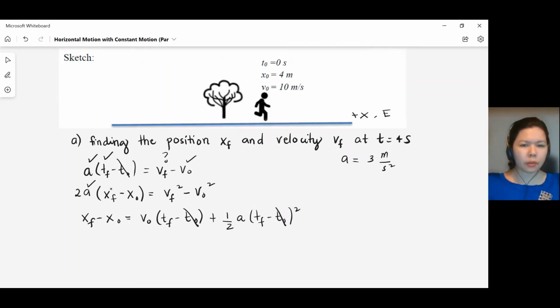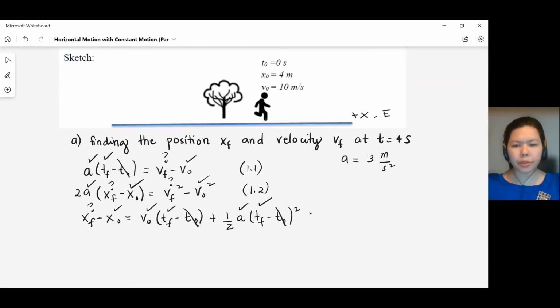A is available, Xf is unknown, Vf is also unknown, X naught is given, V naught is also given. For the third equation, Xf is unknown, X naught is given, V naught is given, T final we have, A we have. So basically, I'm going to rewrite again the equation numbers.